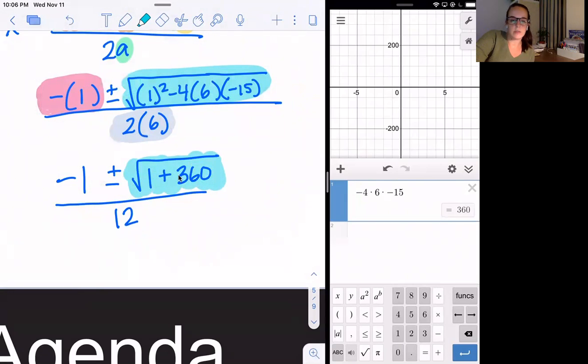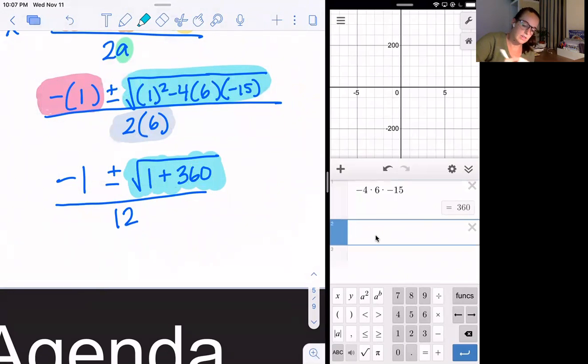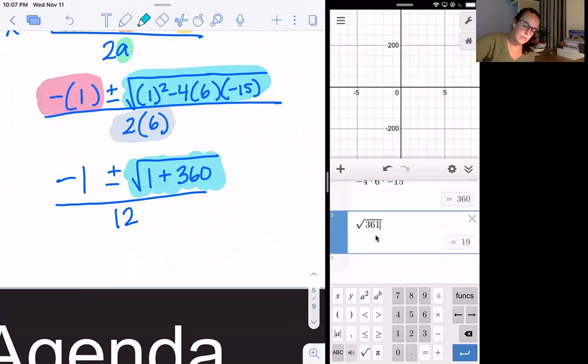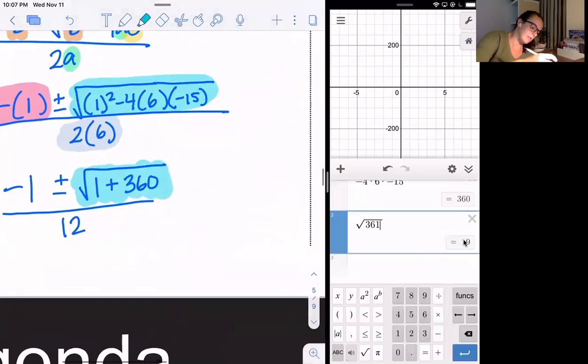Now 360 plus 1 is 361. I'm going to go to my calculator to find the square root of 361. The square root of 361 is 19, a whole number. So I have negative 1 plus or minus 19 over 12.